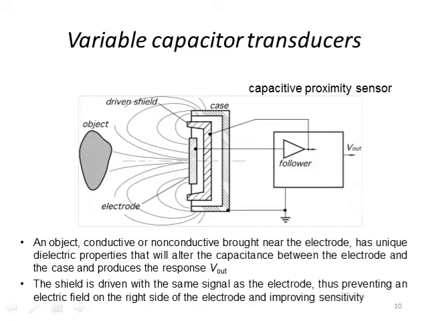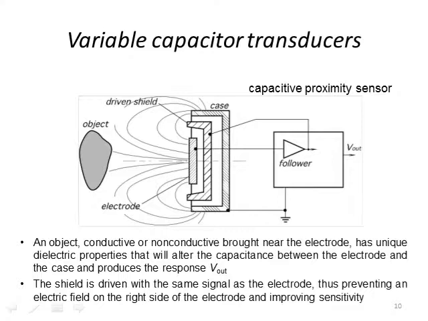This is another example of a variable capacitor sensor, but in this case, this is called a proximity sensor. So essentially you'll see that we have a primary electrode, and then we have a shield, which is labeled driven shield, which is this large hashed mark around the center electrode. And then we have a case, which is connected to ground.